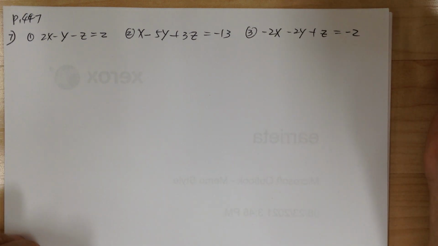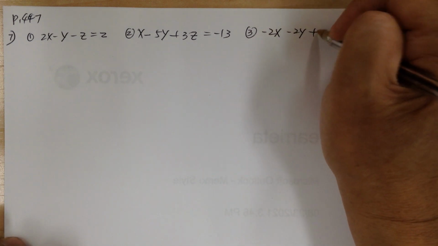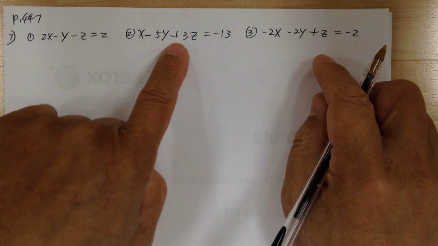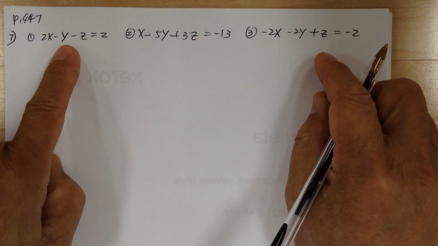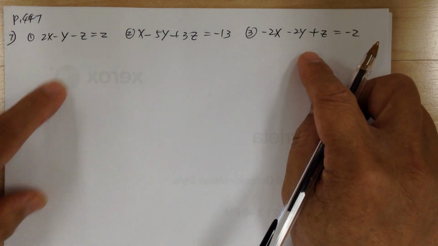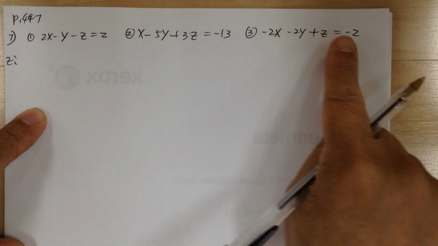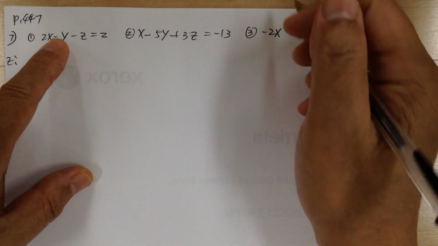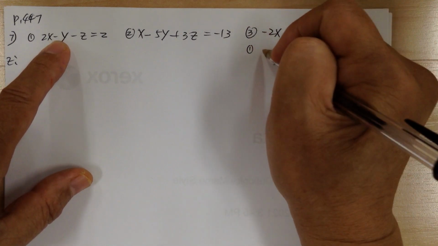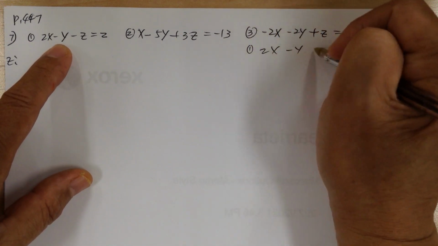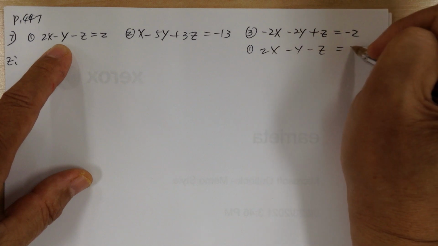Okay, so let's see, what should we eliminate? Okay, I'm going to eliminate the z because the coefficients are 1, 3, 1. It looks like that's the lowest one, the easiest one. So I'm going to eliminate the z, okay? And so I'm going to put this under here. So equation 1, I get 2x minus y minus z equal to 2.